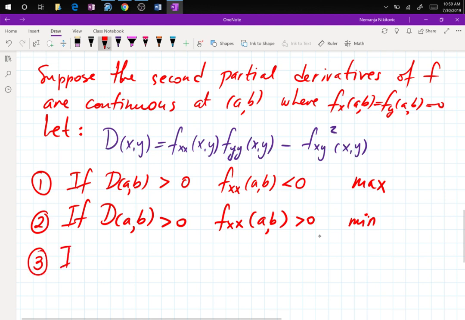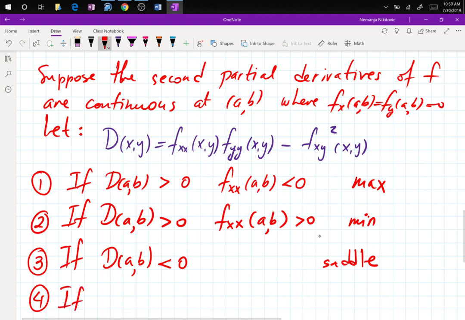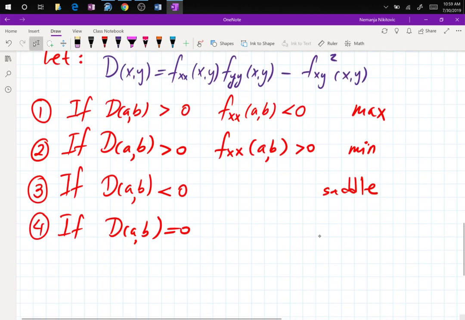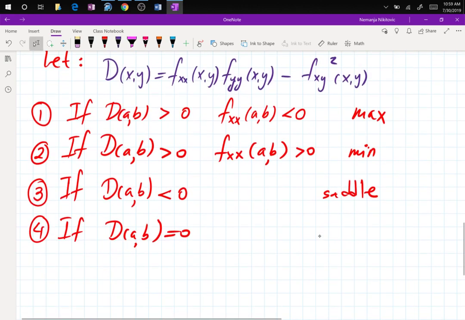Number 3, if D(a, b) is less than 0, then we have a saddle. And number 4, if D(a, b) equals 0, the test is inconclusive and you should cry.